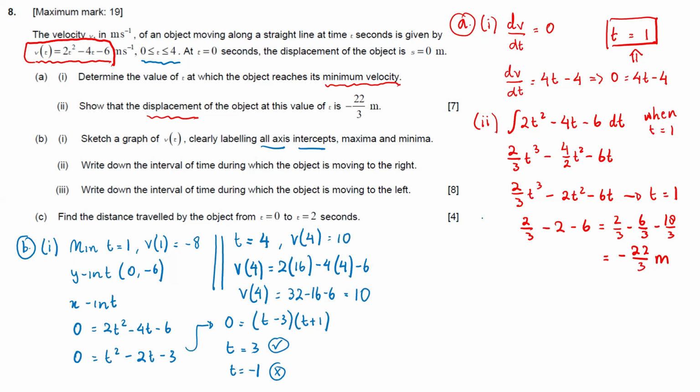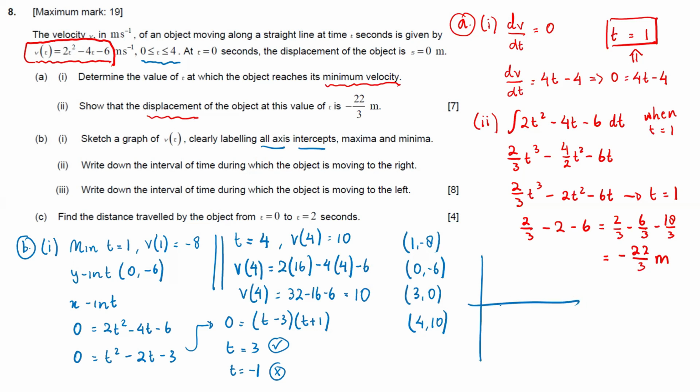Let's get all of the points that we need to plot. First, we have (1, negative 8). Second, we have (0, negative 6). Third, we have (3, 0). And then we also need to plot (4, 10). So on our x and y axes, let's sketch.